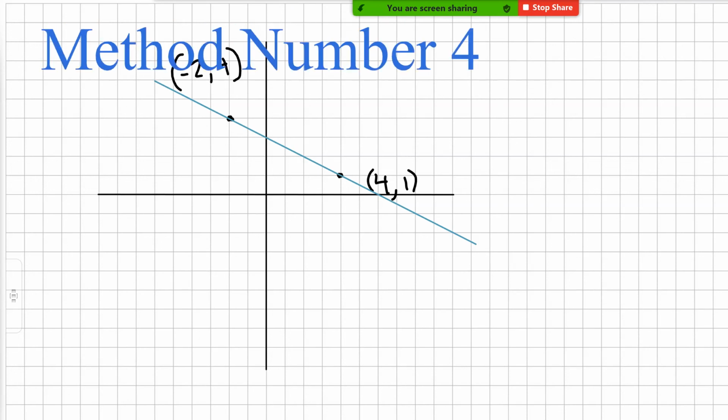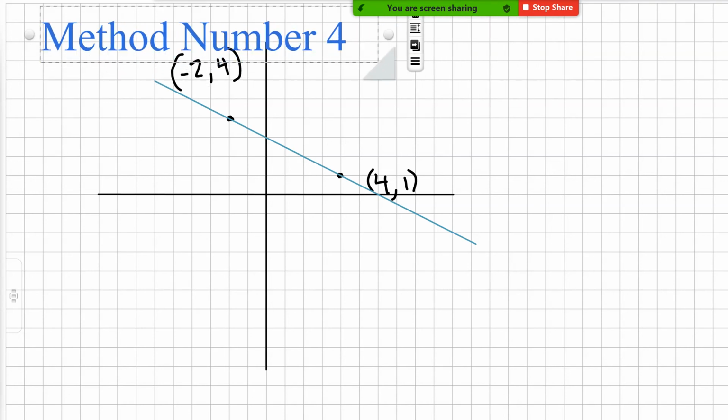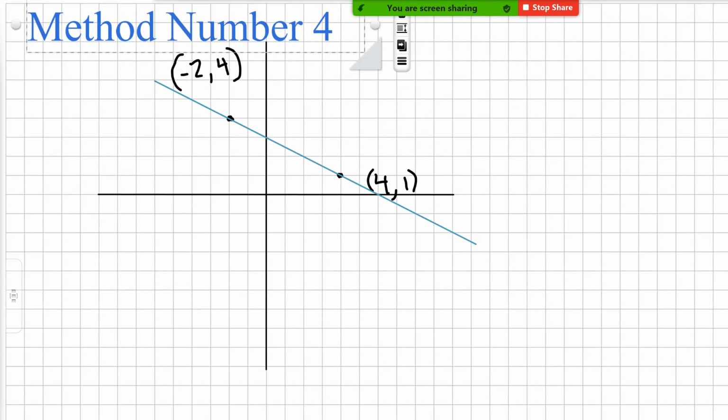4. Magic. Okay? Now, this one is going to be difficult if you don't have a graph paper, but that's okay. Just do a rough drawing. It's okay that you don't have graph paper. I want you to draw just a rough graph that you can see here in blue.